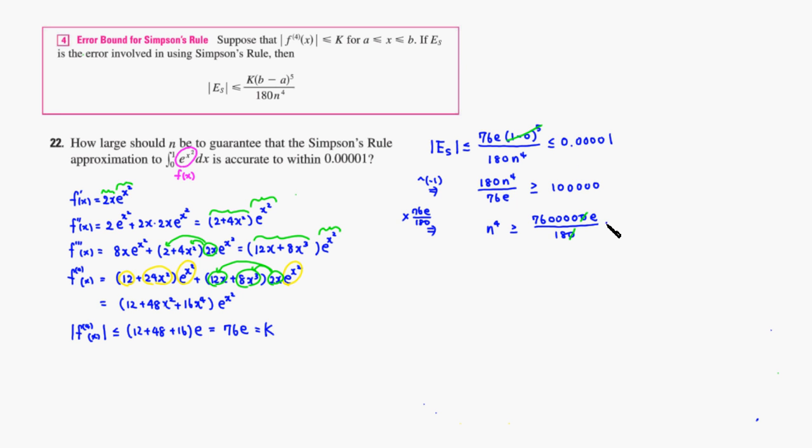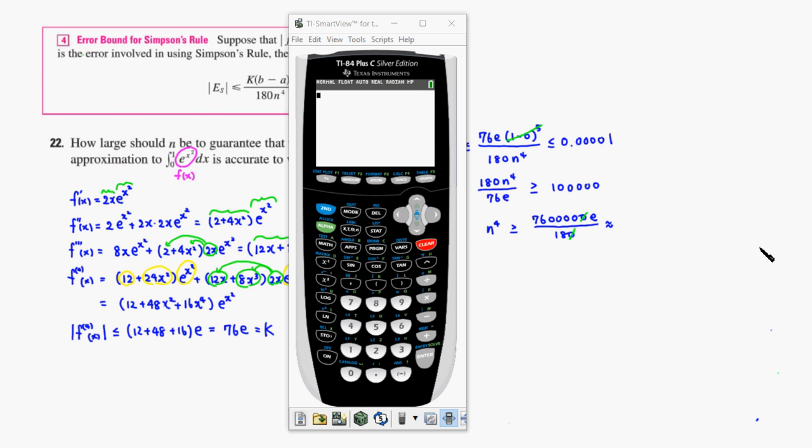So bring out the calculator. We type in 76, with 4 zeros, times e to the first power. Then we divide through by 18, because we already knocked off one of the zeros.